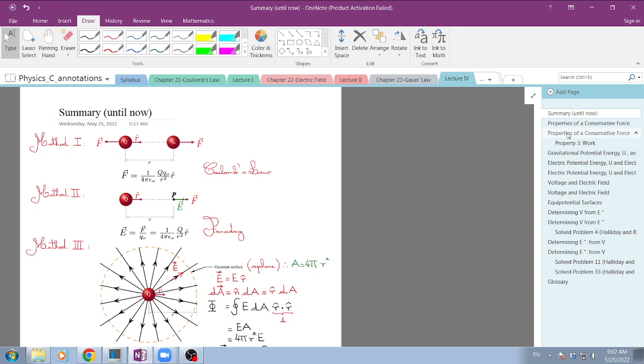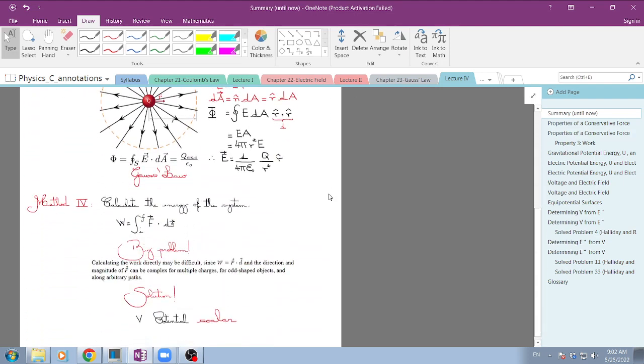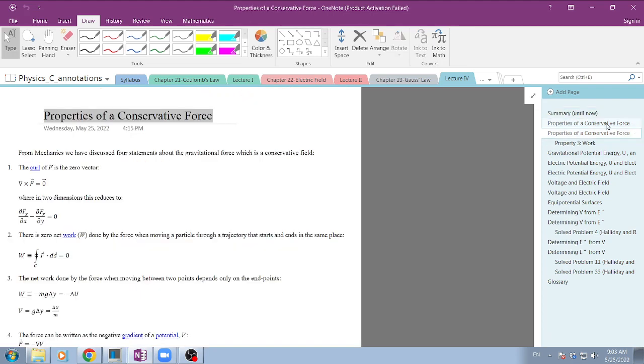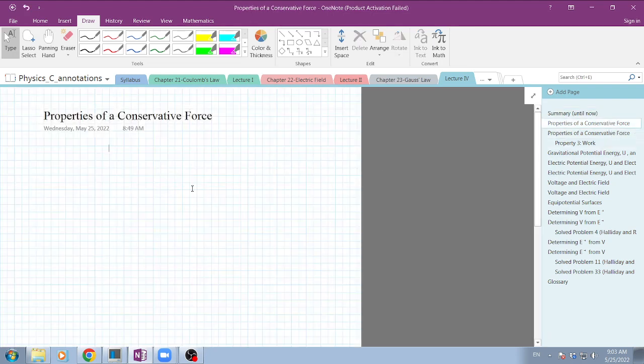We are going to recall what we know about conservative forces in nature, and use that to find a way to express this potential for one charged particle. So let's start by remembering what properties a conservative force has.